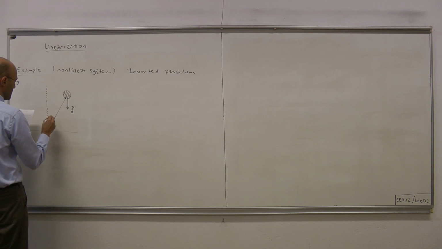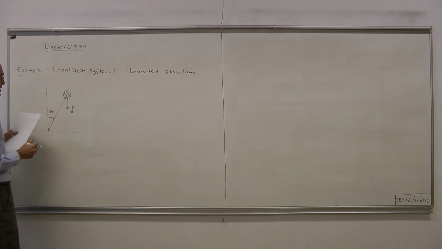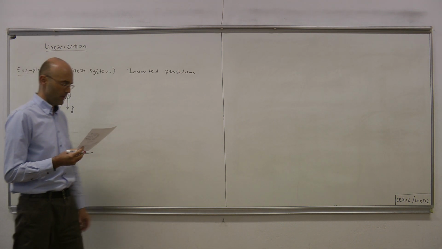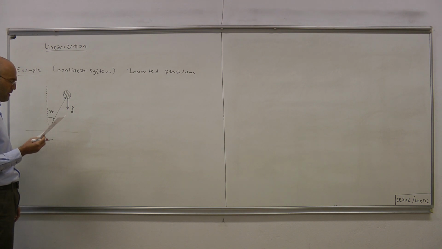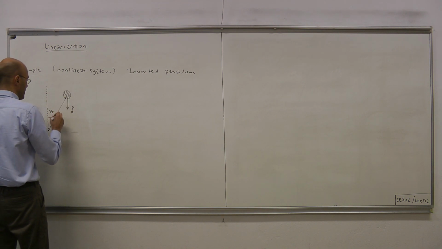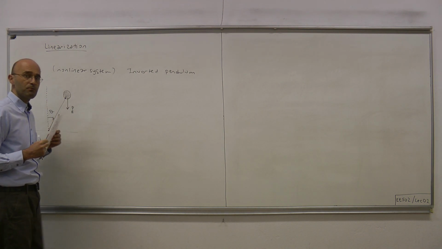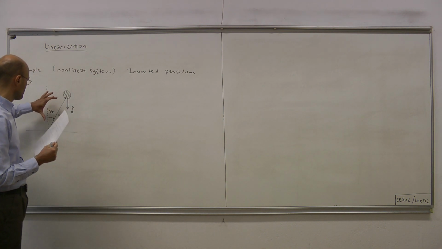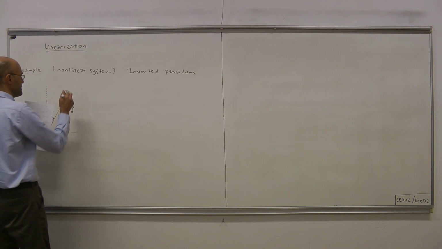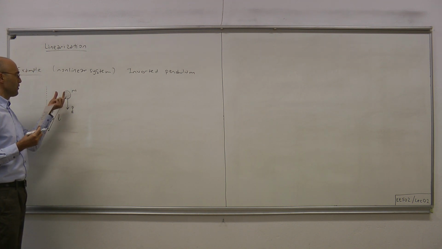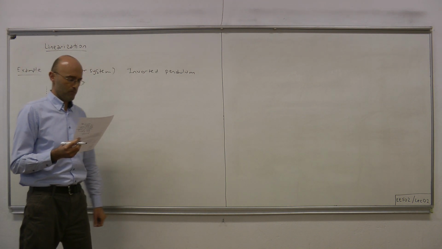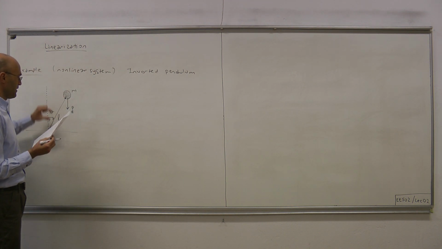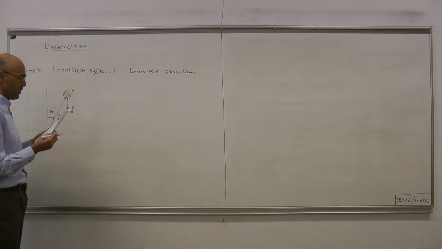Let's measure it in clockwise direction, and this angle is labeled theta. L is the length of the link, and let M be the mass of this ball, attached to the fixed stiff rod.